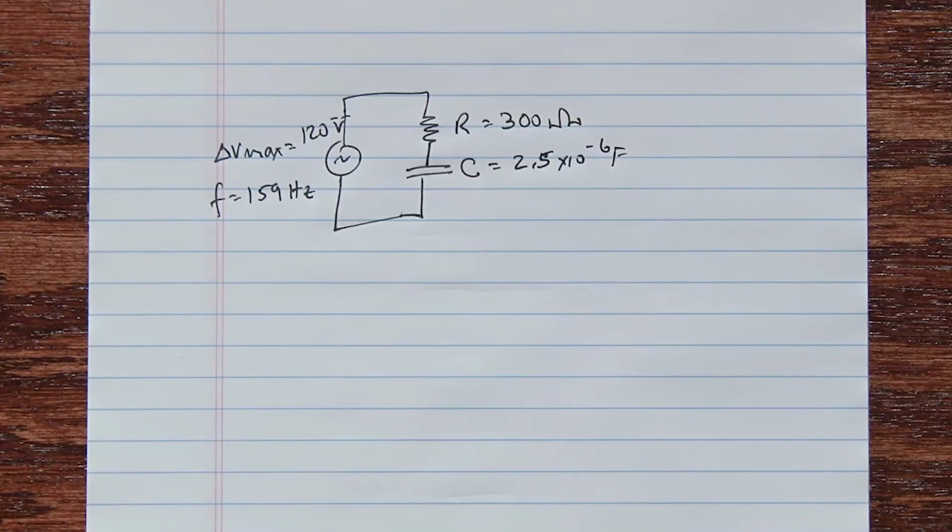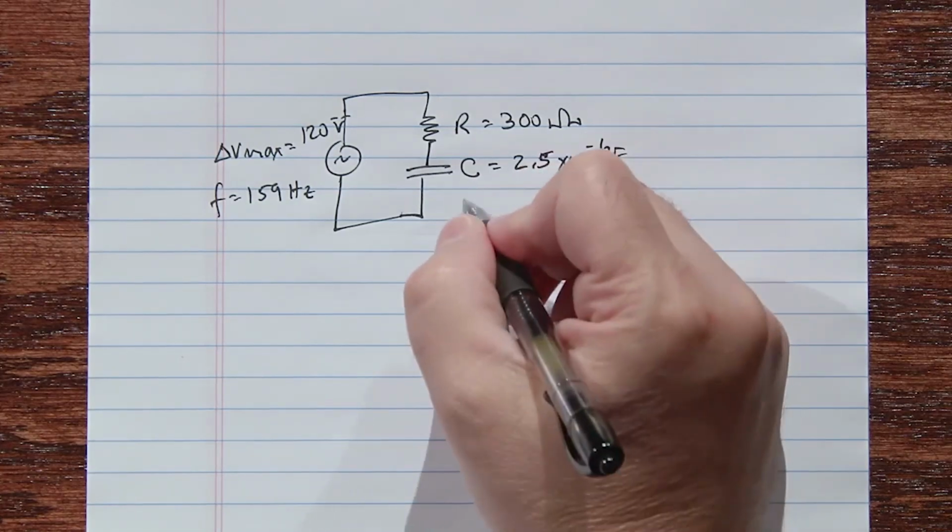So we'll proceed as we proceeded throughout our alternating current circuits. We'll find the capacitive reactance.